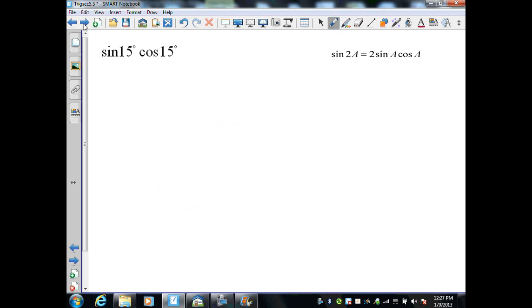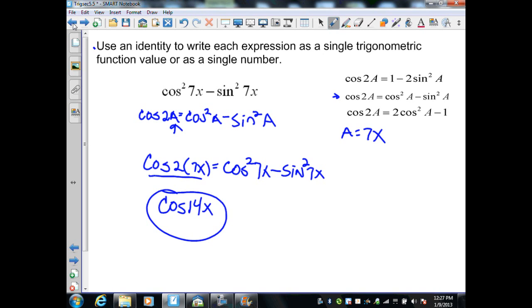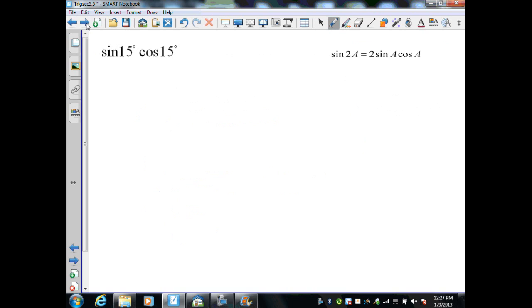On this problem, I'm given the same example. I want to use an identity to write each expression as a single trig function value or as a single number. I'm given sine of 15 times cosine 15. That's very, very close to this identity, except there's not a 2 in front of it. Well, what if I solved this for just sine A cosine A?